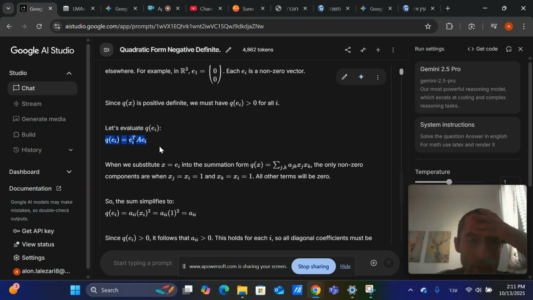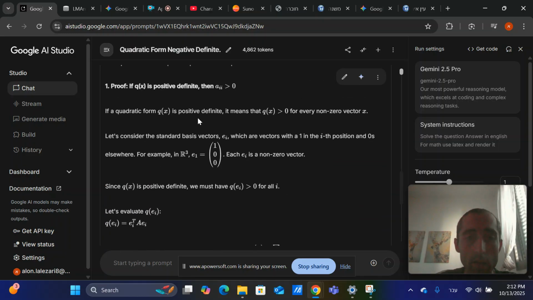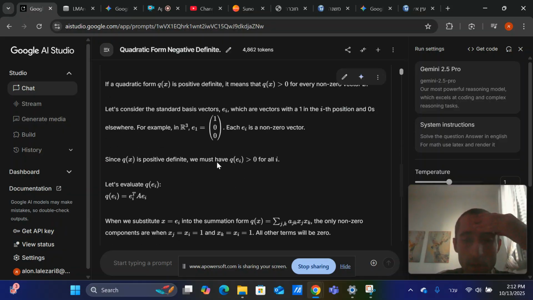So if I take the quadratic form with the standard basis, what I get when I apply e_i is a_ii. e_i is 1 in position i in the vector, and everything else is 0.